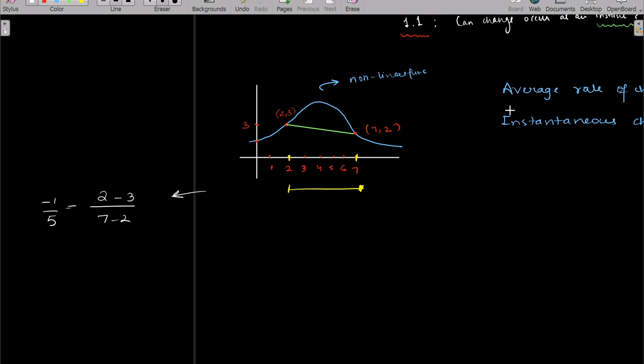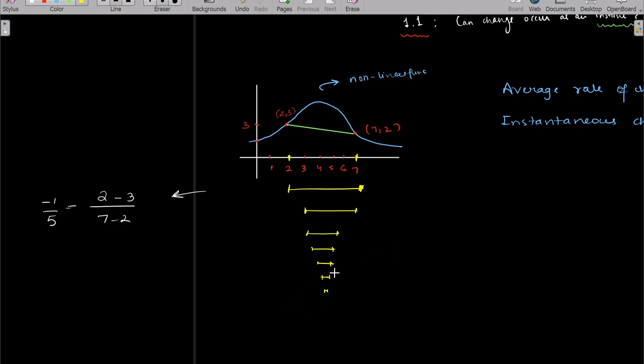Now limits: if we want to find the limit, we will make this interval smaller and smaller and smaller. If I make this interval this small, then again smaller, then again smaller, and then as small as possible.